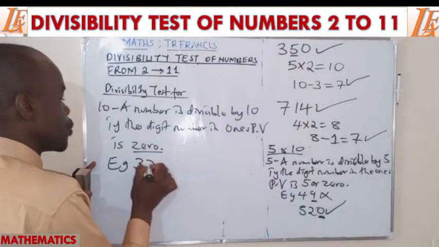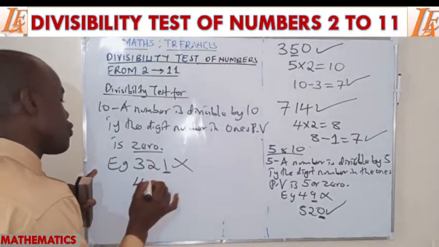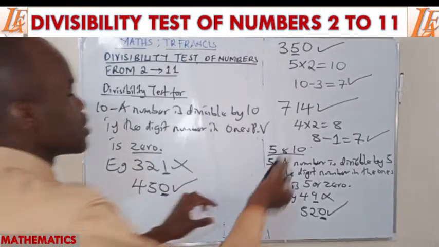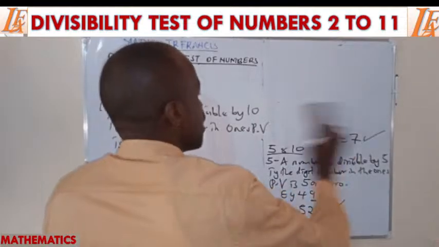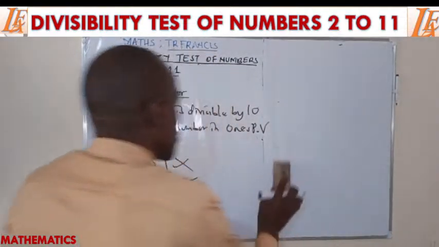For example, 321: this one is not 0, so it is not divisible by 10. 450: this is 0, so it is divisible by 10. And we are done with the tests for 5 and 10. They are very simple. Let us now look at the last one.